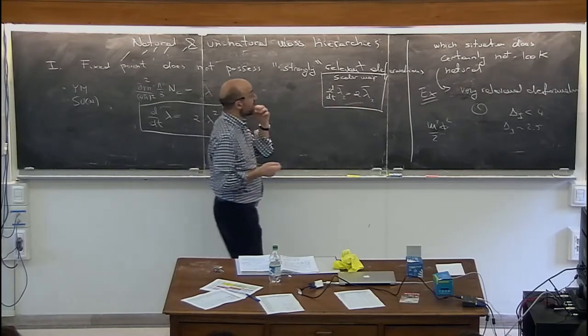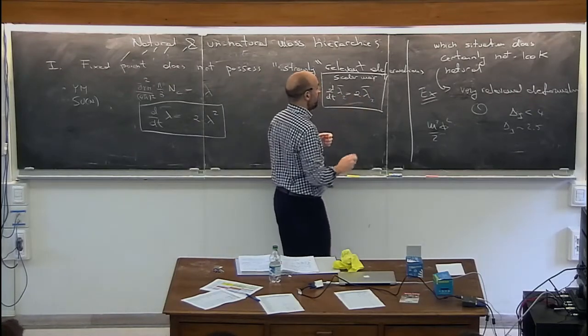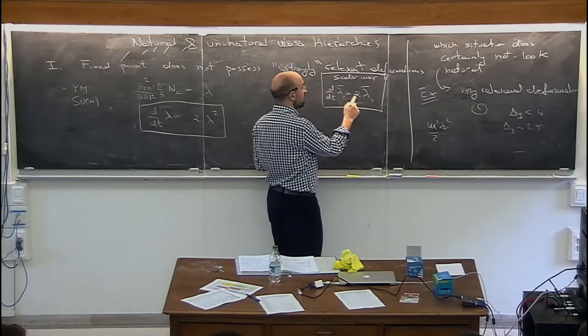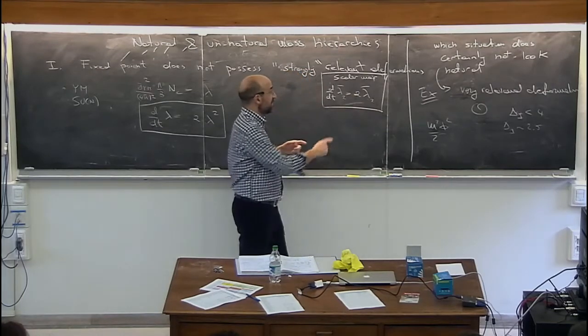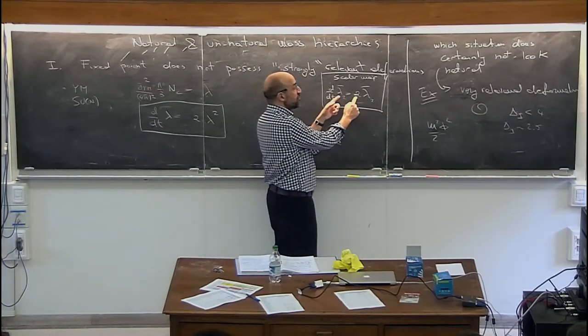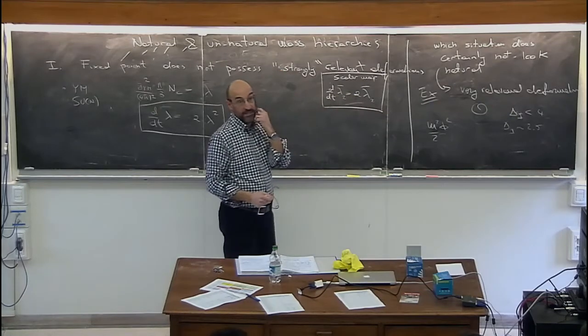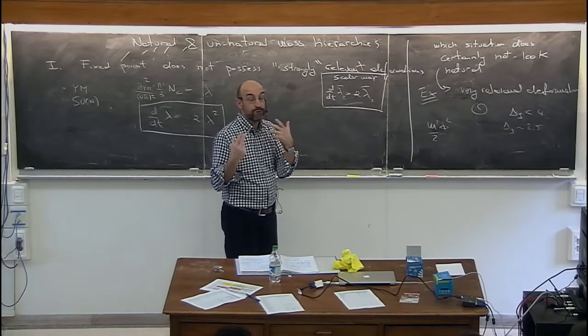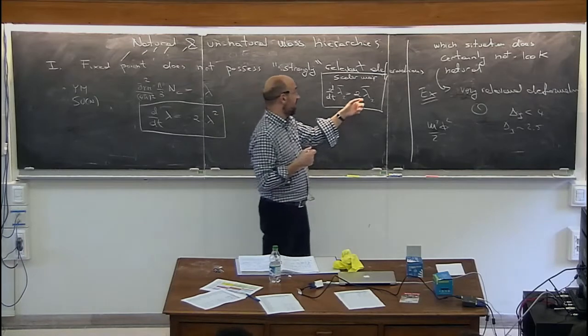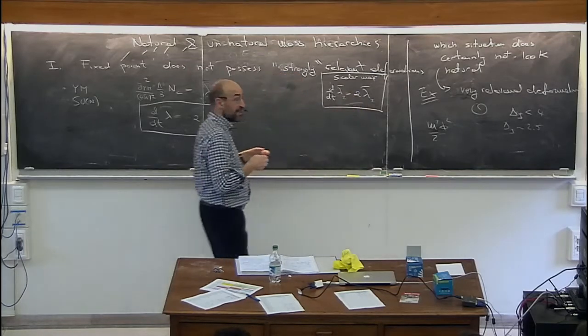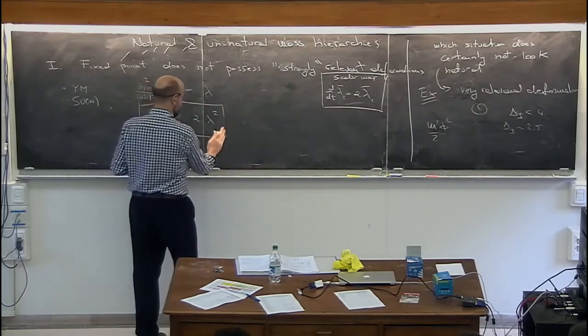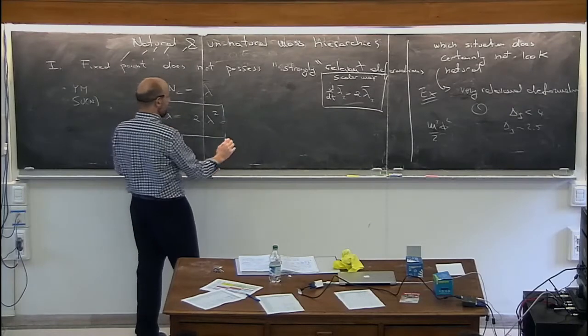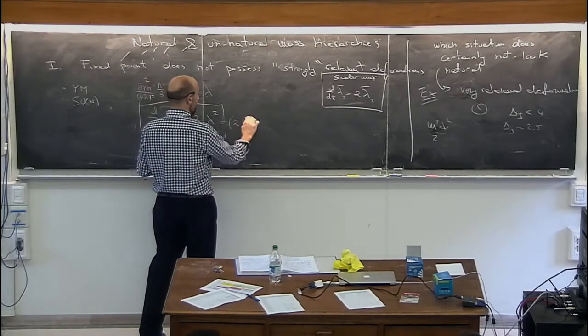You see here, in the case of the mass, there is already running at the classical level. And this is just the classical dimension of the coupling, while here the classical dimension would be more like 2 lambda.